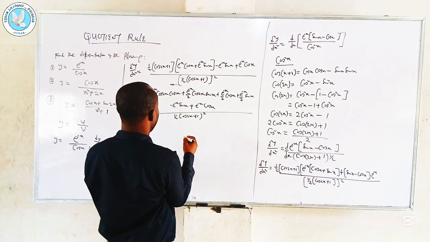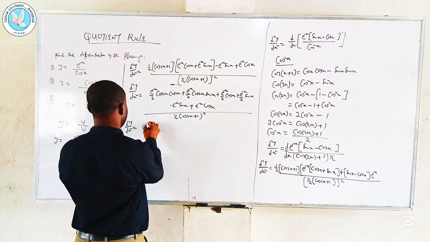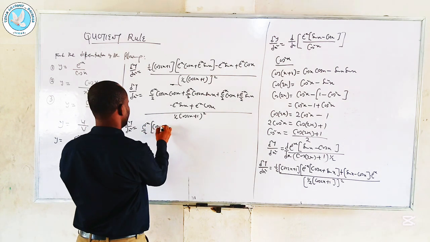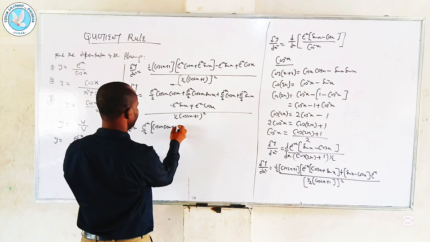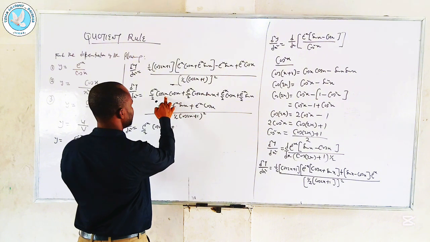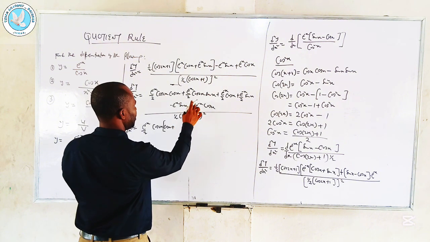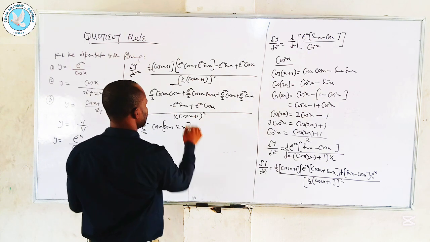So we can actually write like this: 2 cos 2x cos x plus, let's see how we can put cos 2x out, and we have just plus sine x. So that is for this and this.